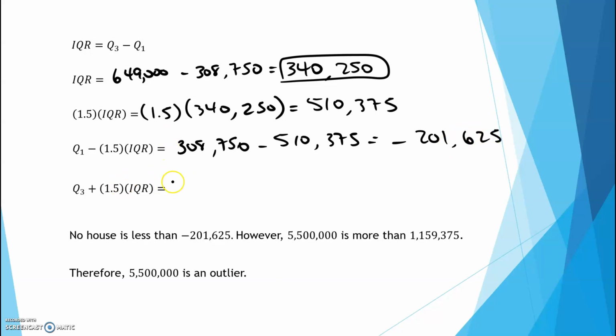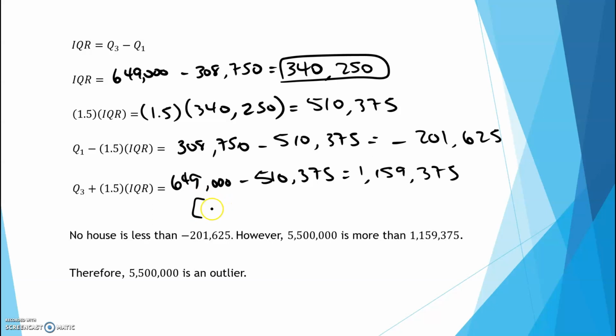And then we're going to take Q3, so 649 minus 510,375. That's going to give us 1,159,375. Okay, now what we just did was we just found a range for our real estate.